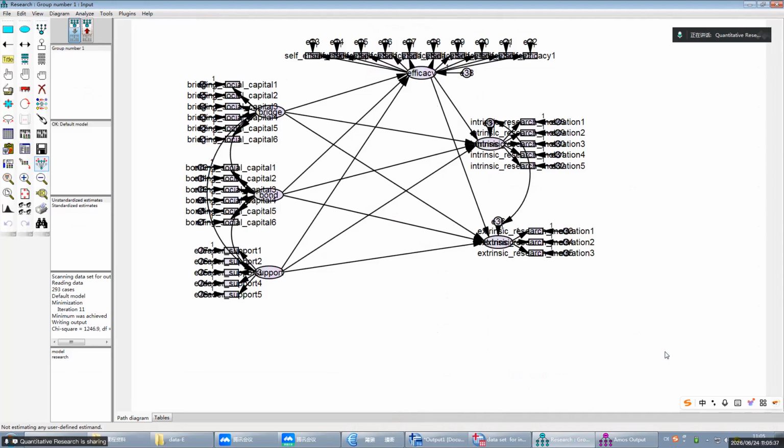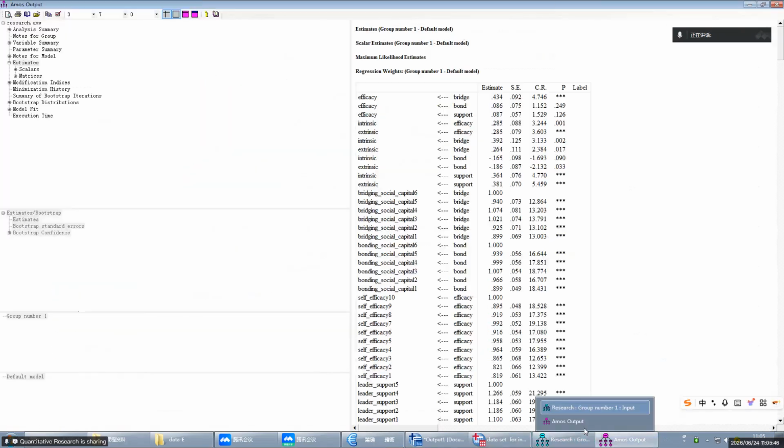Now we are talking about mediation. From here, we only know the findings about the direct relationships. We have no idea about the mediated relationships, right?